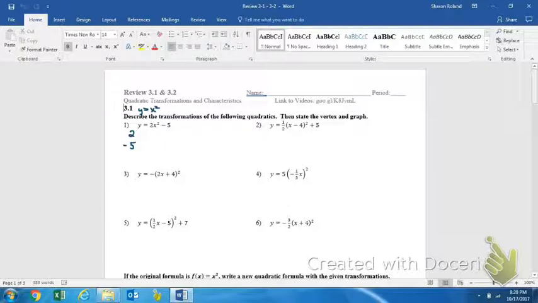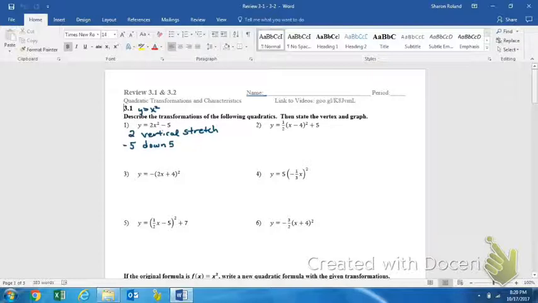The 2 in the front is a vertical stretch. The negative 5 at the back means that it's going down 5.